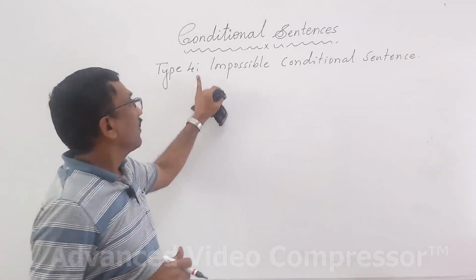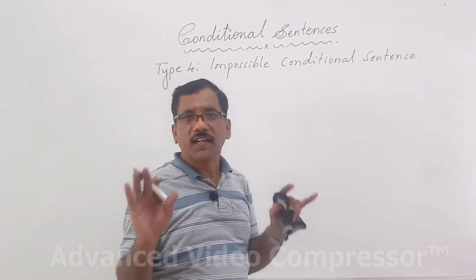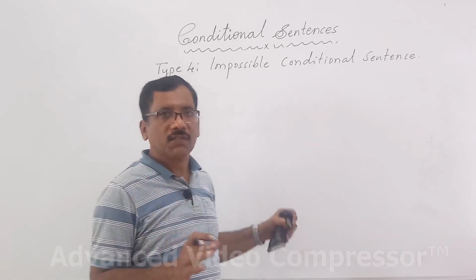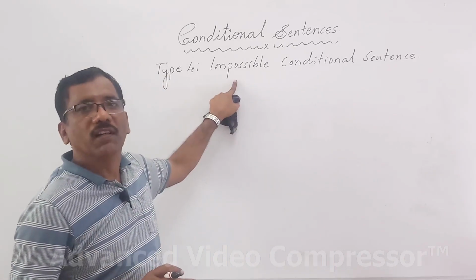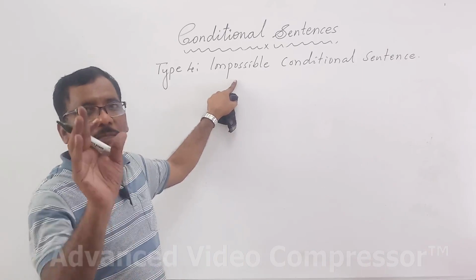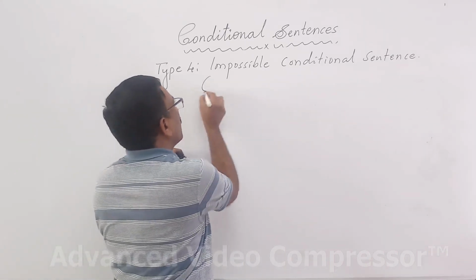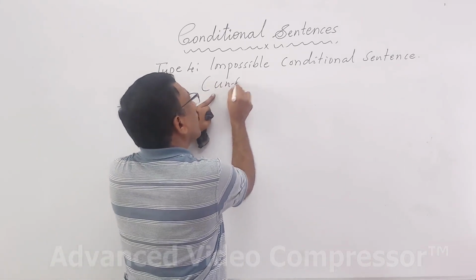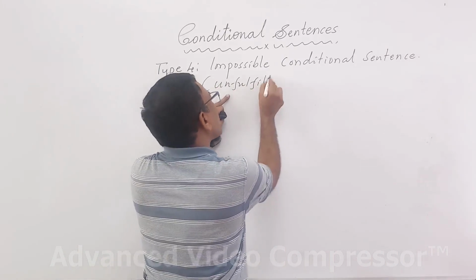Okay students, let us see the last type of conditional sentence, that is impossible conditional sentence. Impossible conditional sentence is also called unfulfilled conditional sentence.